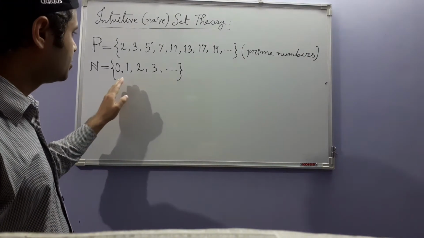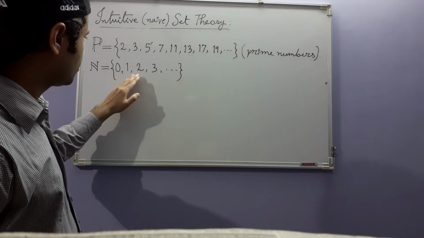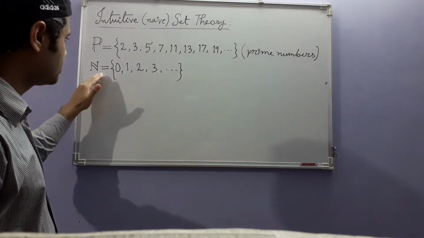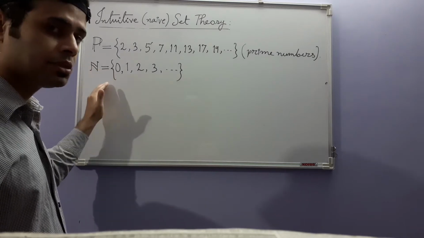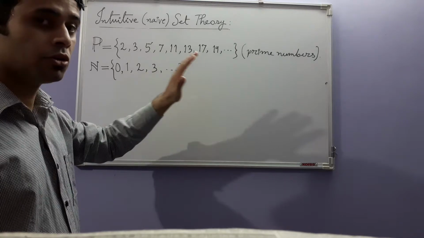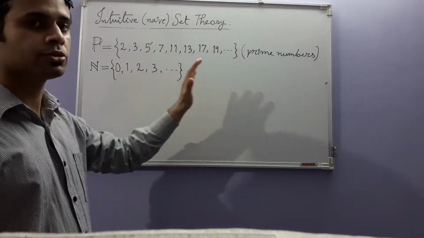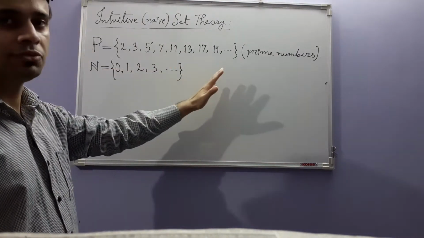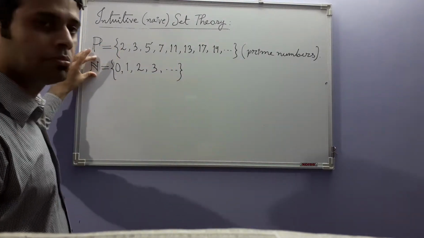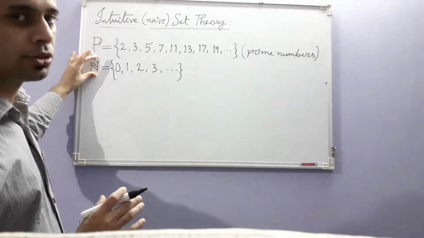So sometimes you will see this symbol N denotes the set of all positive integers. However, sometimes the same symbol denotes a set which has all the non-negative integers. That is, it starts with 0 and then goes on with the positive integers.